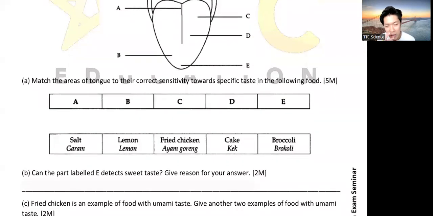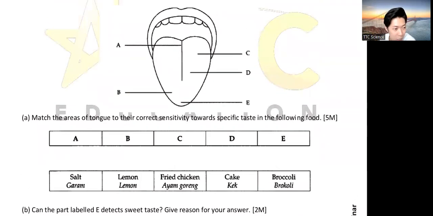Never mind, we do the kick out method. If what is left is bitter, then we will give it, right? Because salt is B, lemon is sour, fried chicken is umami. Umami means savory, like seafood, chicken, meat, that kind of flavor.